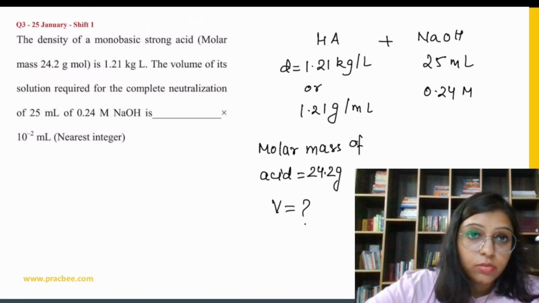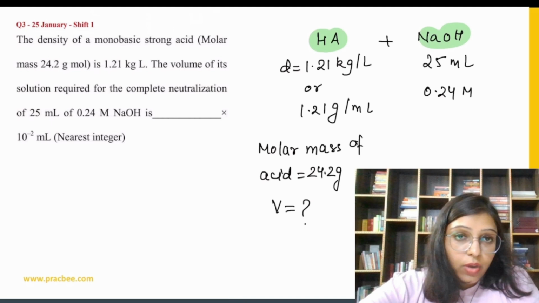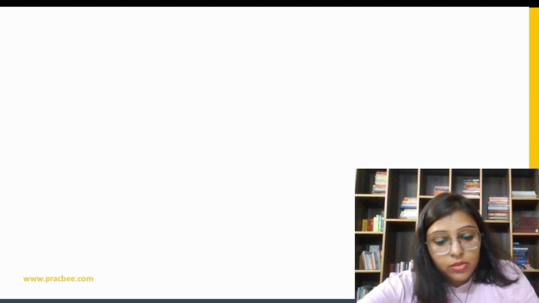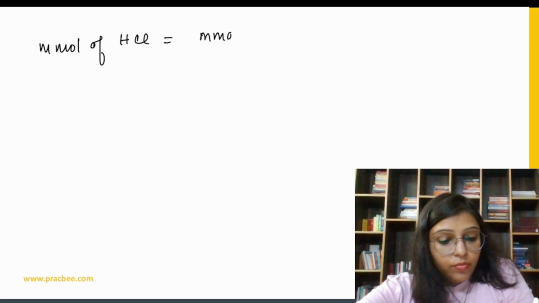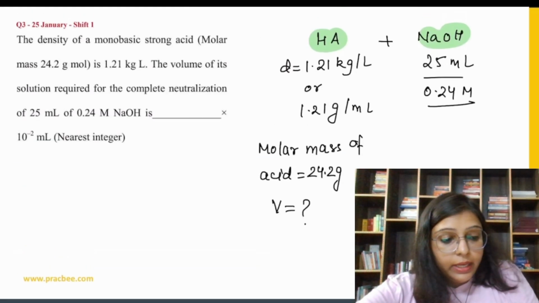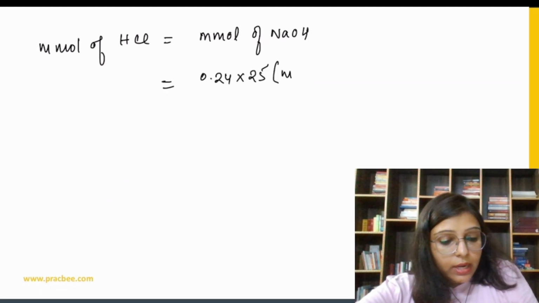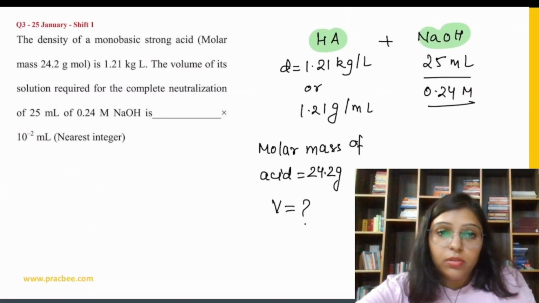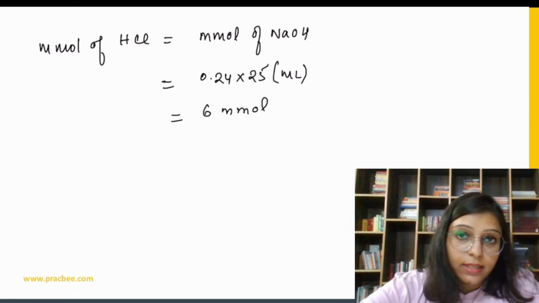So first we have to find the moles of HA. 1 mole of HA requires 1 mole of NaOH for complete neutralization, so millimoles of HA is equal to millimoles of NaOH. Millimoles of NaOH is molarity into volume in ml, so 0.24 into 25, which is equal to 6 millimole.